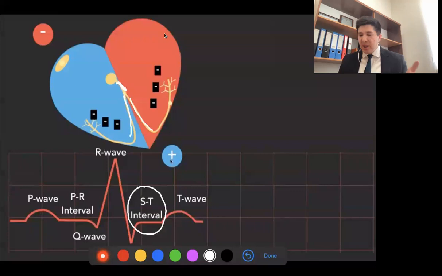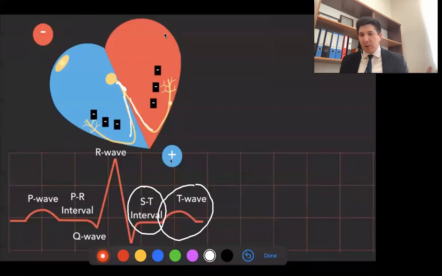And this ST interval is going to trace this moment, the timing when the action potential is in the state of plateau. But once all of the cells are repolarized again, this is going to be traced using the T wave. So now all of the cells again are repolarized. They're negative inside and positive outside.